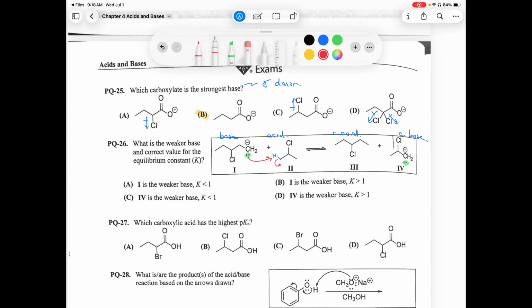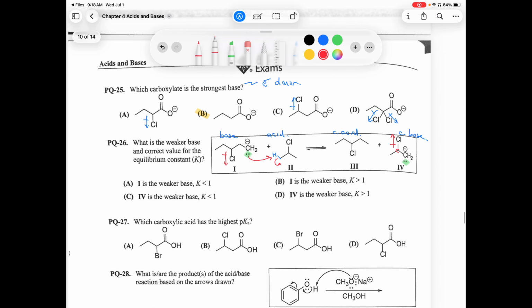But you notice that in 4, the chlorine is right next to the carbon with the negative charge, whereas in 1, the chlorine is 2 carbons away from the carbon with the negative charge. Therefore, this is going to be the more stable base, and if it's more stable, it's going to be weaker. And I said the equilibrium is going to lie to the side of the weaker base. And so the answer is going to be D.